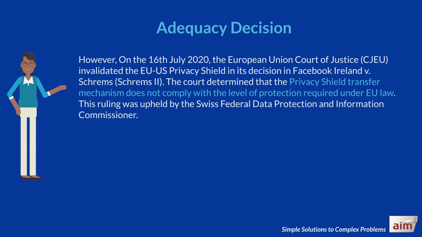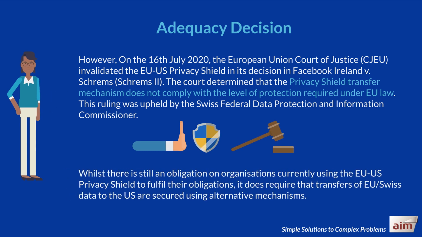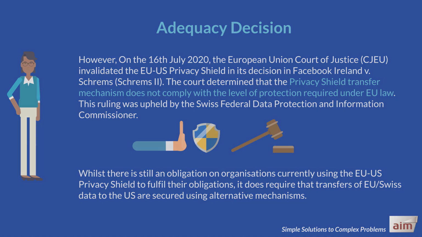The court determined that the Privacy Shield transfer mechanism does not comply with the level of protection required under EU law. This ruling was upheld by the Swiss Federal Data Protection and Information Commissioner. Whilst there is still an obligation on organizations currently using the EU-US Privacy Shield to fulfill their obligations, it does require that transfers of EU-Swiss data to the US are secured using alternative mechanisms.